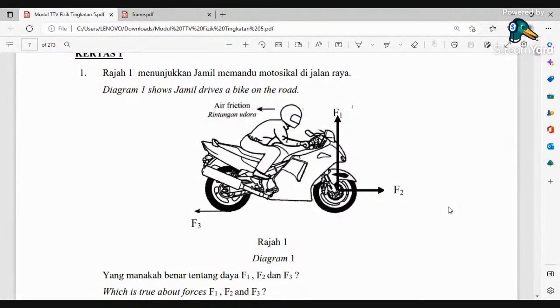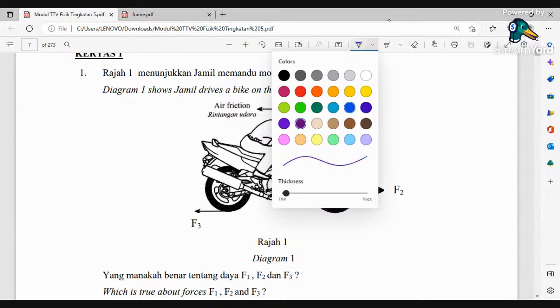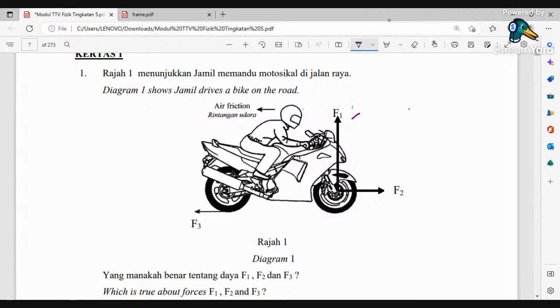So you can see there are forces acting: F1, F2, F3, and then air friction.